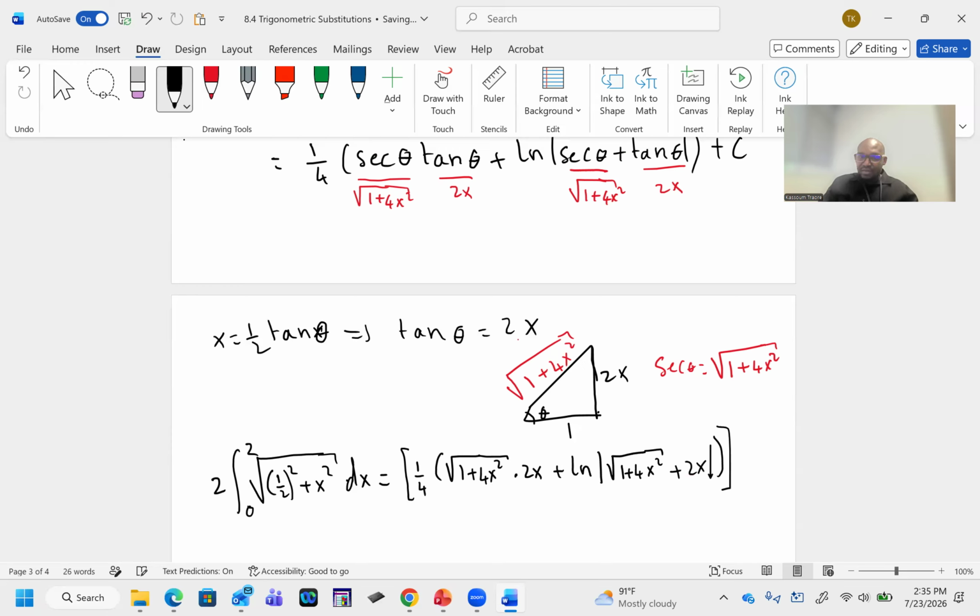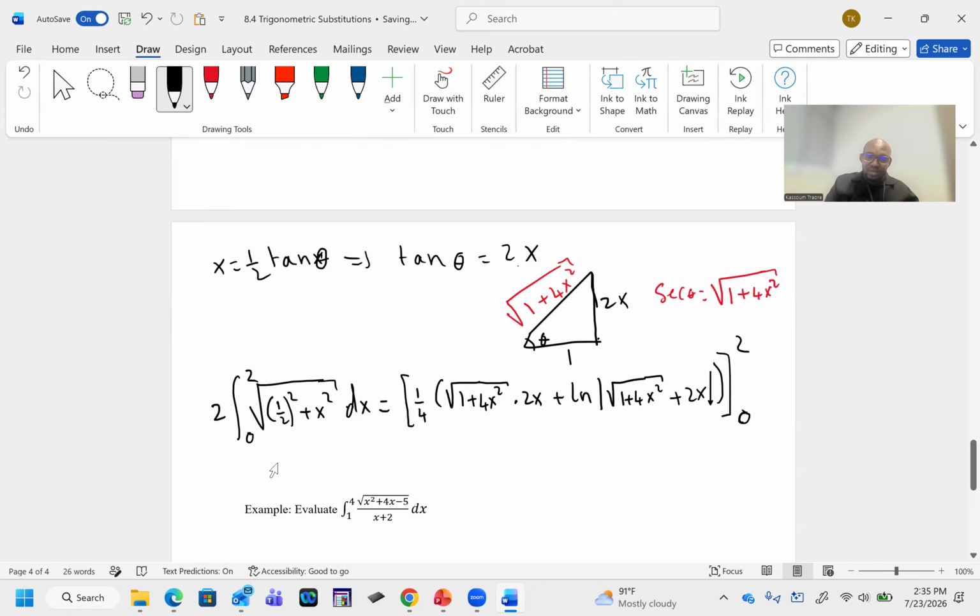We have the limits of integration from 0 to 2. So I'm going to first substitute 2. If I substitute 2, I will get 1 over 4, parenthesis, if I substitute 2 for x, 2 times 2x is 4.